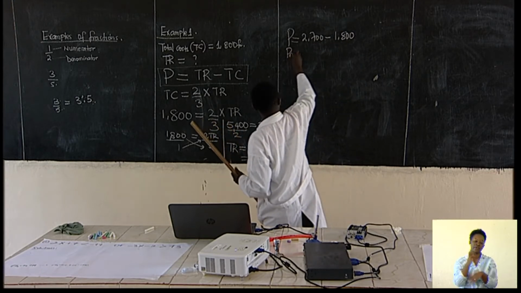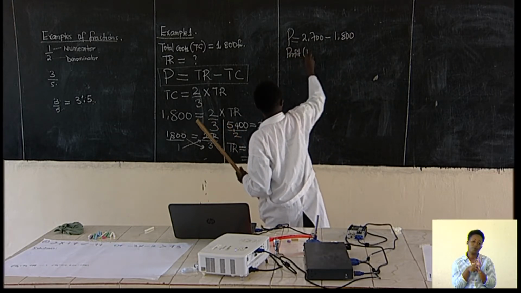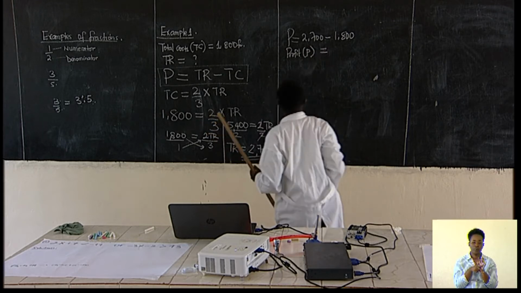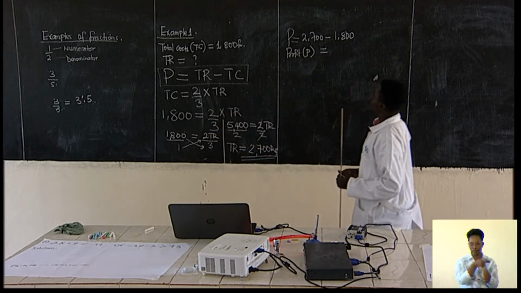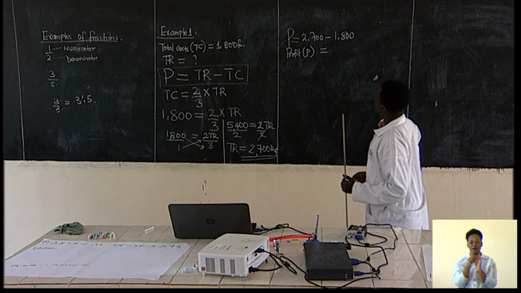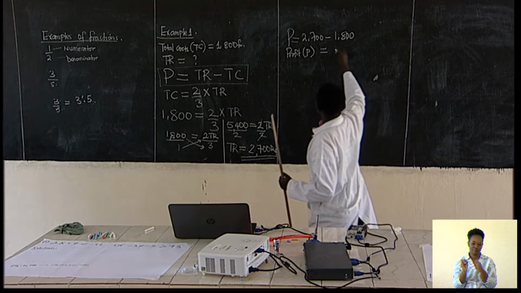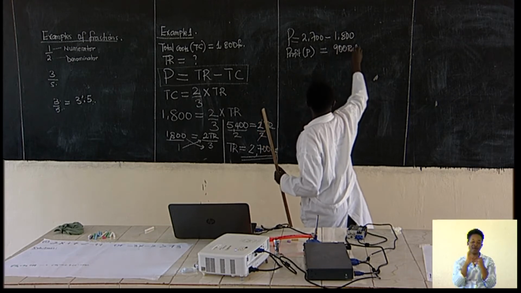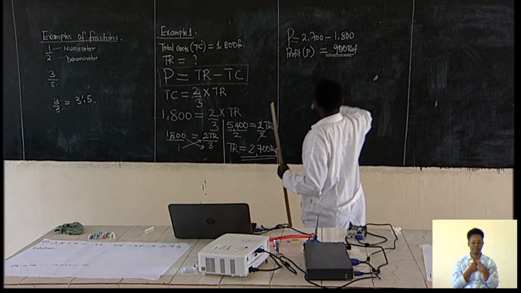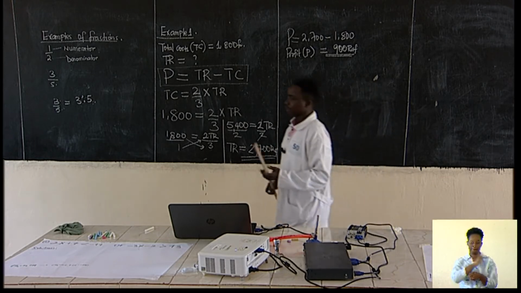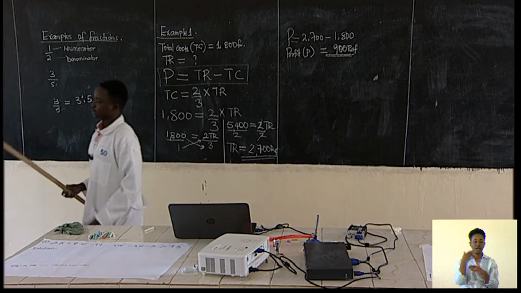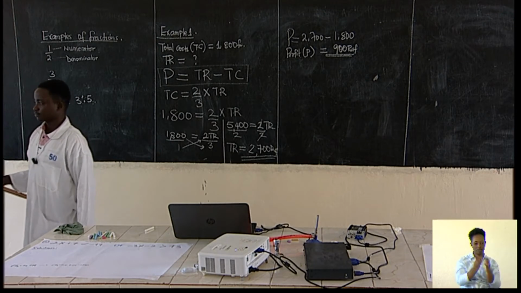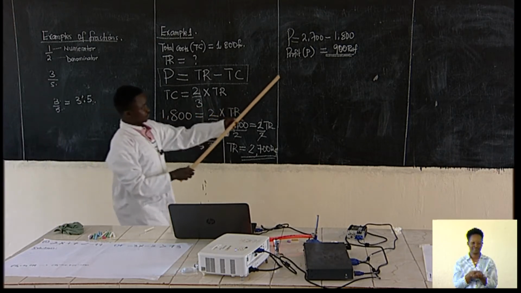The profit realized will be 2,700 minus 1,800, you remain with 900 Rwandan francs. That was the profit realized after producing a basket of pancakes.